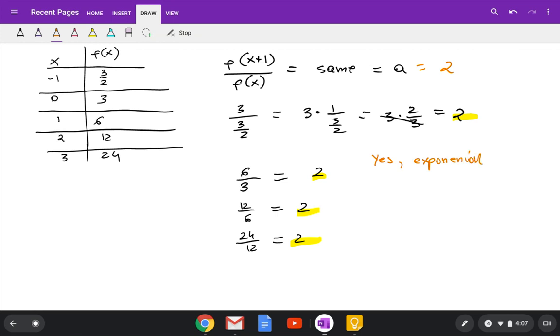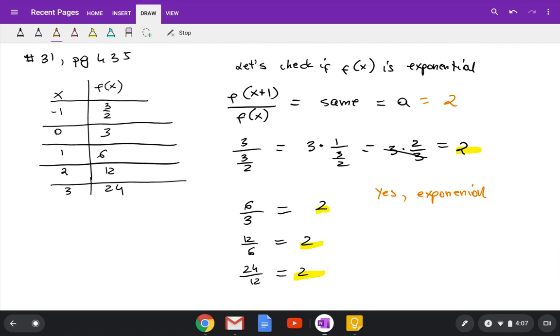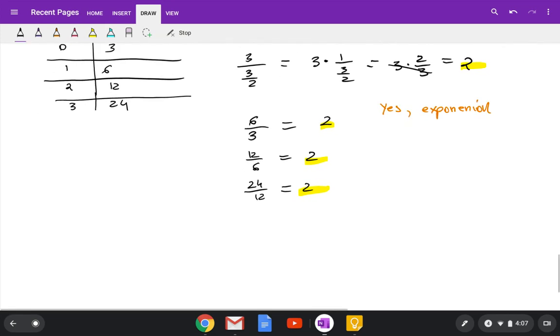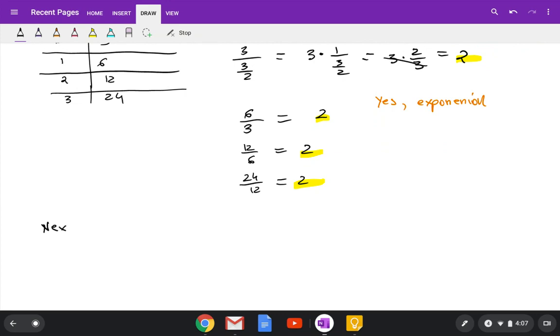So yes, exponential. And that ratio of two consecutive outputs gives you the base. The base is equal to 2, which we call the exponential growth factor. So since this is exponential, next let's create the exponential model.